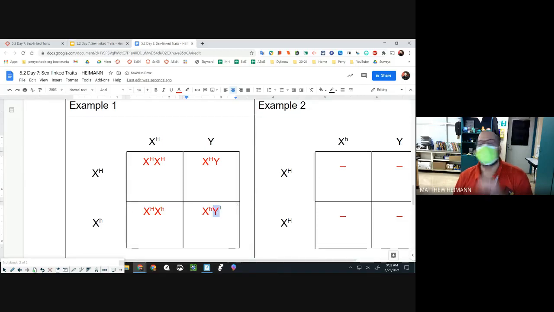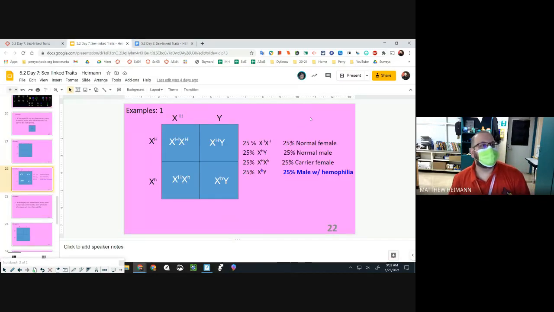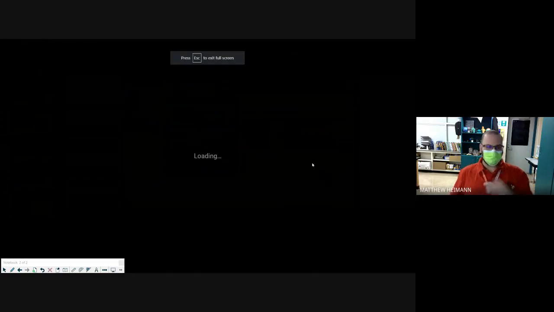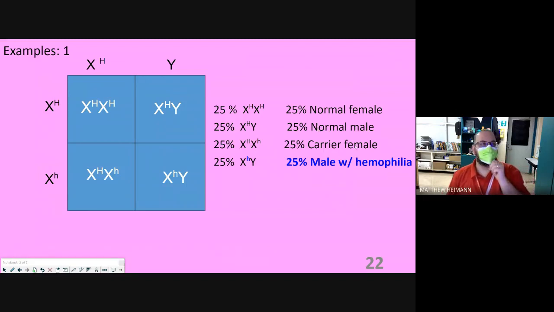Y. Perfect. Yep, exactly. All right, let me see here. And do I ask you the percentages? No. So the percentages for this one here are 25% normal female, 25% normal male, 25% carrier female, and 25% male with hemophilia.